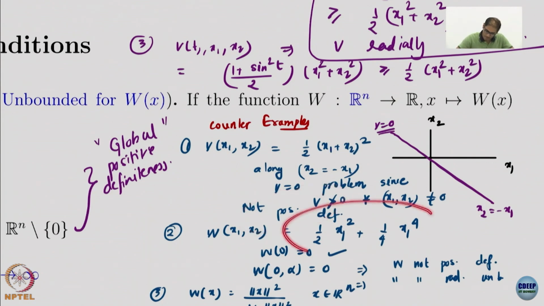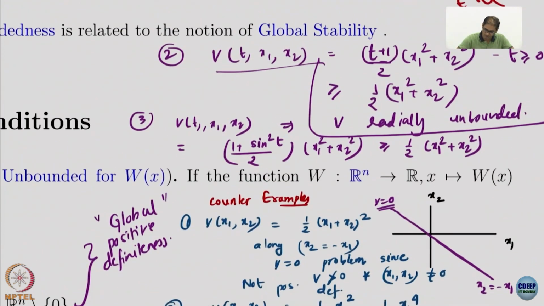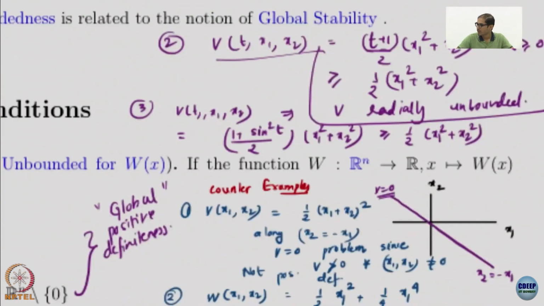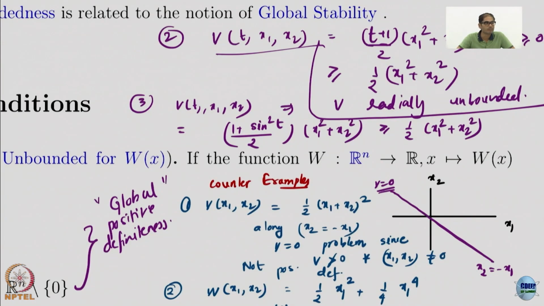What about this one, x1 squared plus x1 to the fourth?